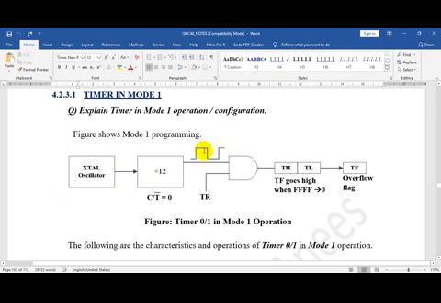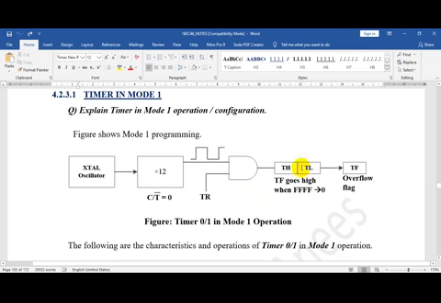Now this clock is ANDed with the TR bit, TR0 or TR1. TR bit is part of your TCON register, which is used to start or stop the timer. So until and unless you make it 1, the timer doesn't start.